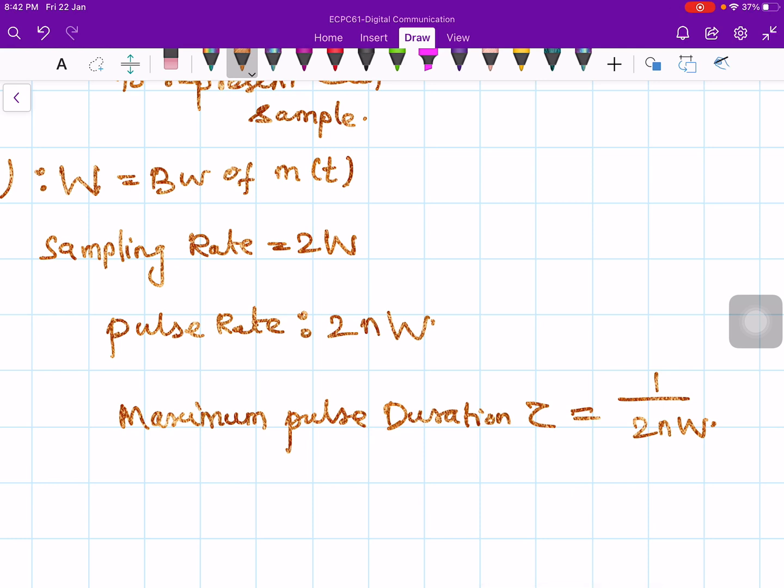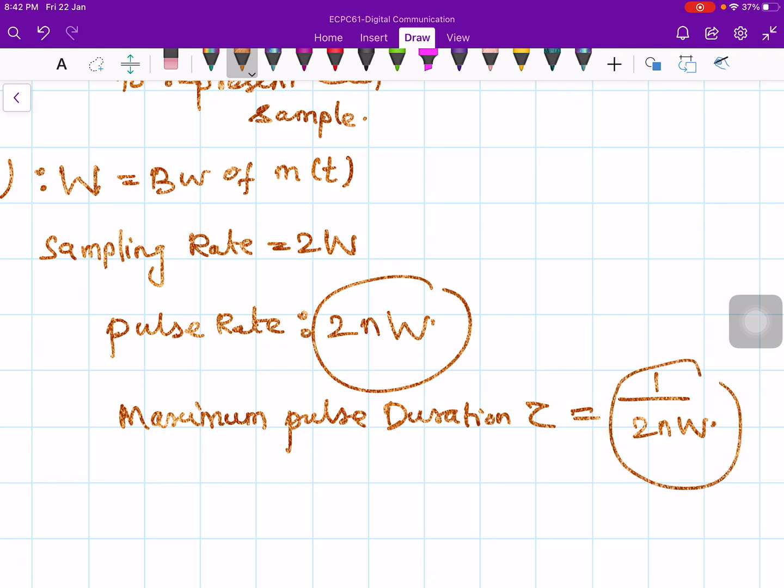So if I am using a pulse train of this rate 2nW, what is the maximum pulse width I can have? Obviously of the same duration. So the maximum pulse width I can have is 1 over 2nW.